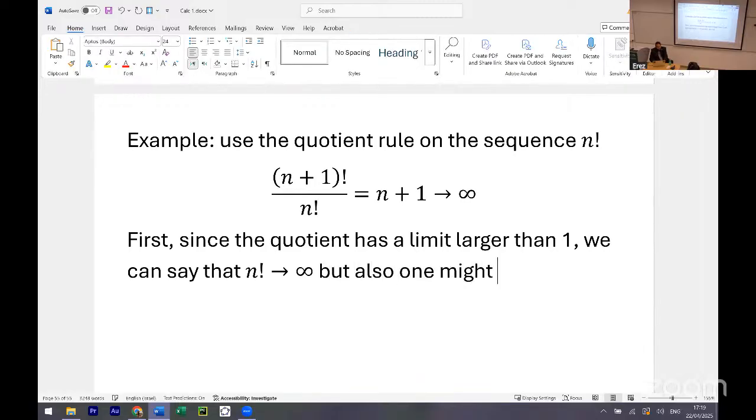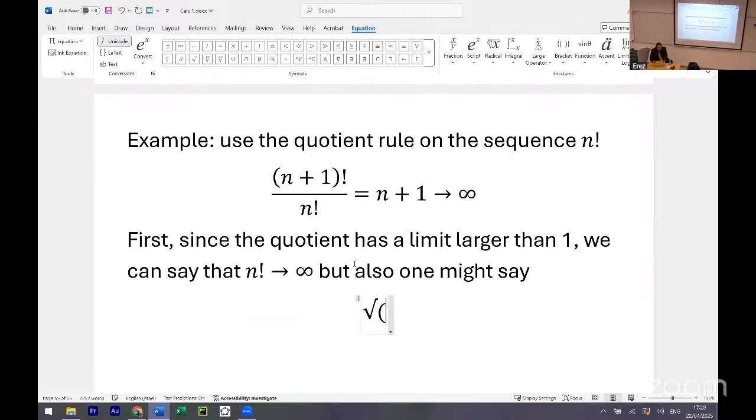But also, one is allowed to say that the n root of this sequence, where does it tend to? But why? What did the rule say?